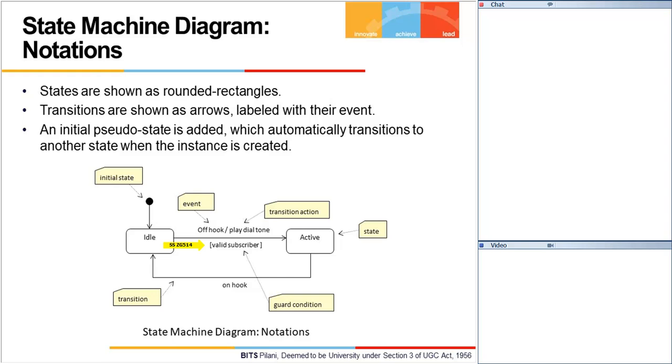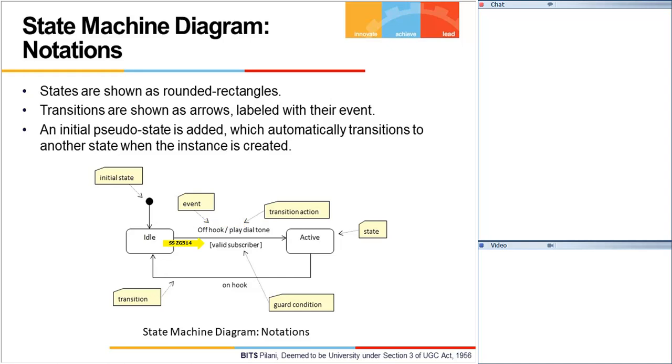Okay, so I'll just repeat once again. I'll take up few more questions that are coming up. This arrow represents the transition. That means the system will move from one state to another. Okay, there is an event. When this event occurs, there is a transition. When the transition happens, right, this is the transition action that has to be executed.